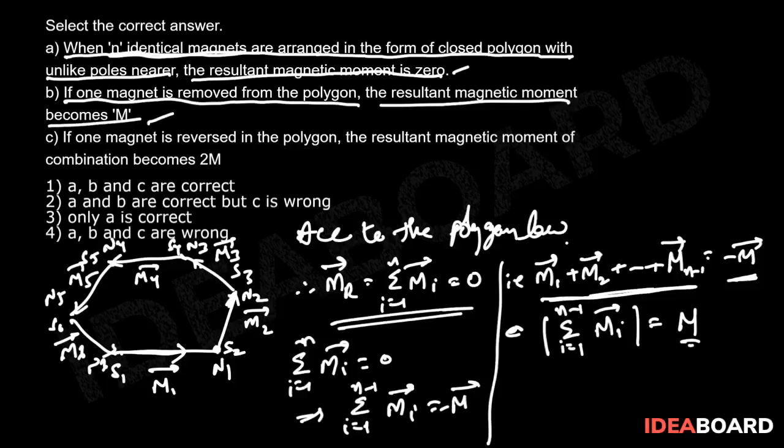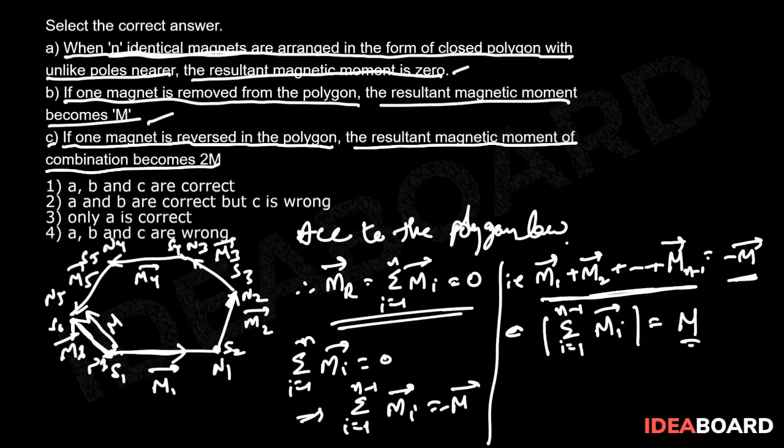If you take the third statement, that is C, if one of the magnets is reversed in the polygon, the resultant magnetic moment of the combination becomes 2m. That means if you take this m6 in the opposite direction, the resultant of the first 5 is parallel to this m6.